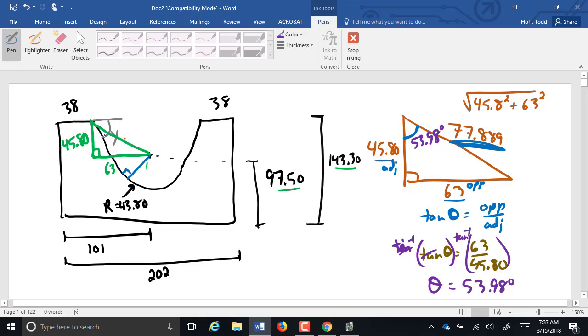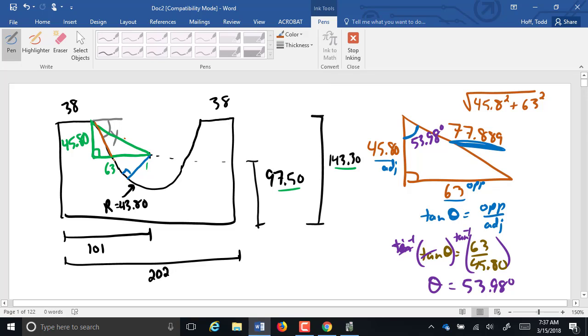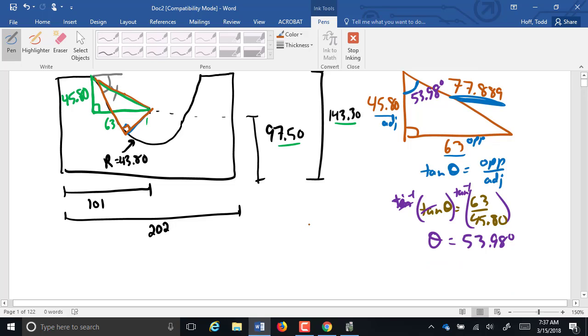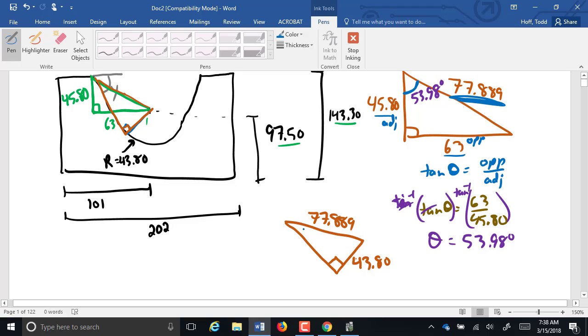Now what this triangle does for us is it allows us to look at this triangle with this right angle. And this is the hypotenuse. Let me draw that triangle. This is a right angle. I know this is the radius, the 43.8. This up here we calculated to be 77.889. Now, all I really need off of there is this angle.